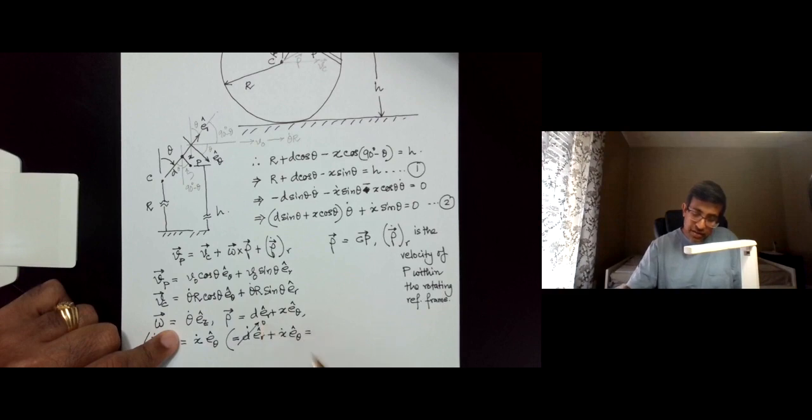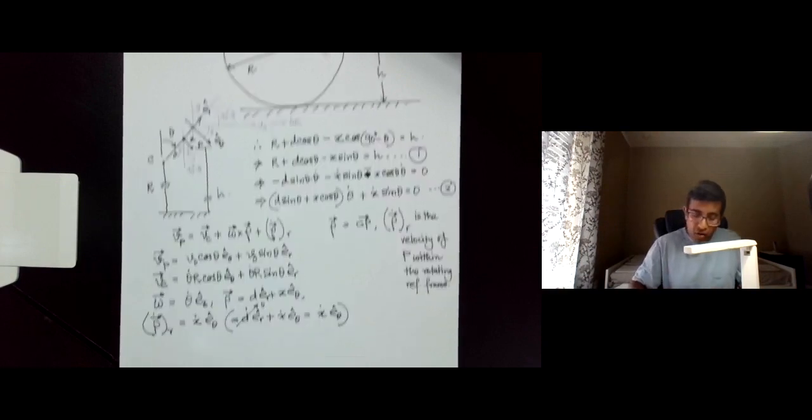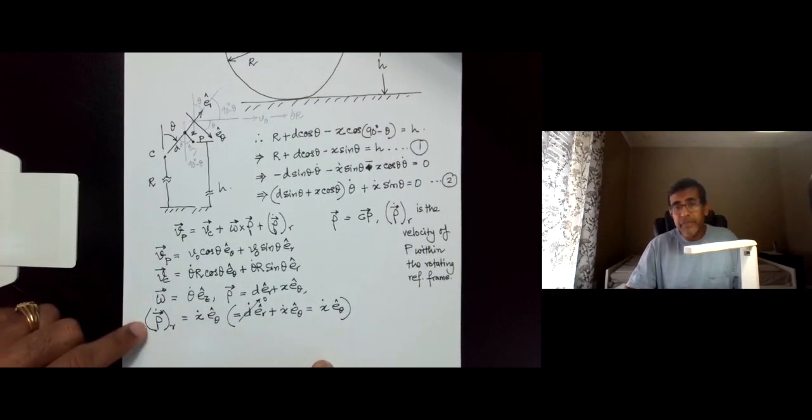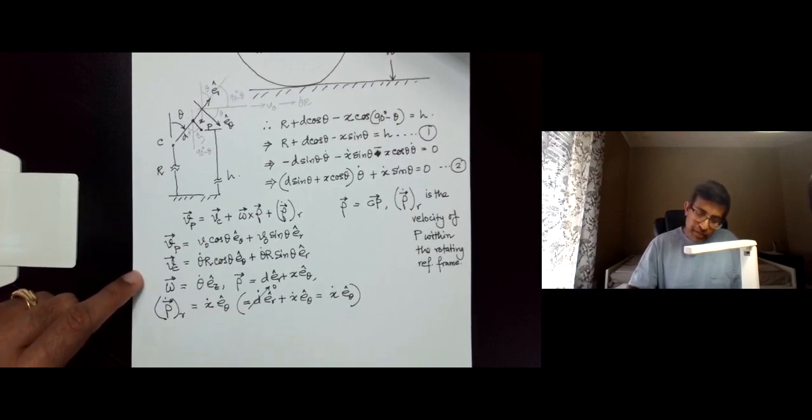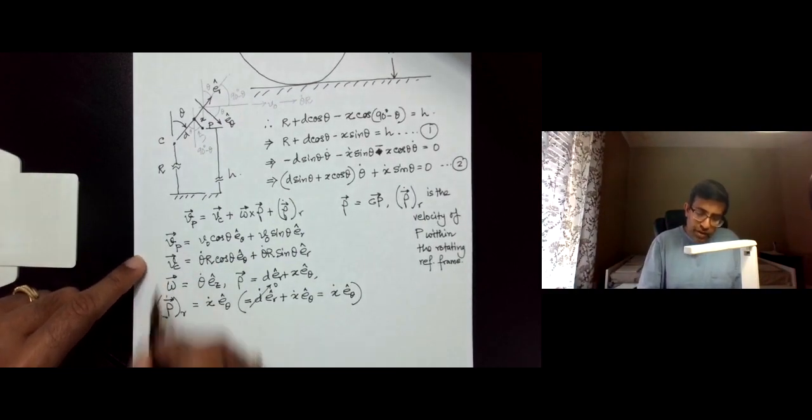So d dot is 0, and what we get is x dot E theta. So this is a more formal, structured way of finding the relative velocity within the rotating frame, by not taking the derivative of the rotating unit vectors. So now we have formulated all the vectors.